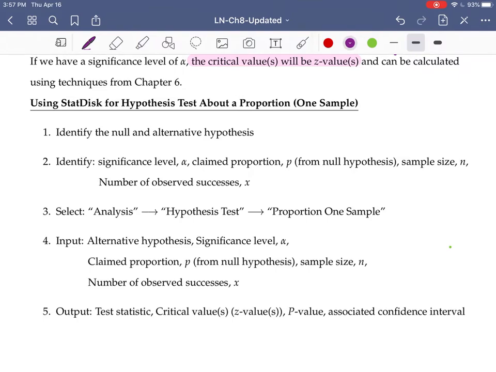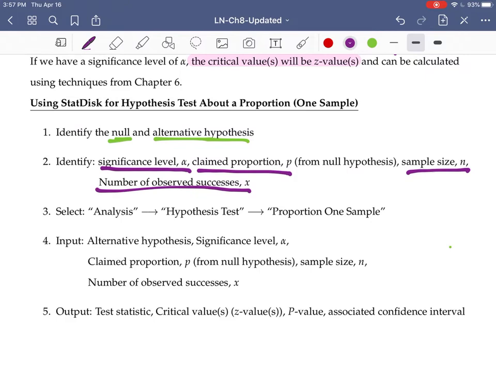First we want to identify both the null and the alternative hypothesis. Those we will see in something where it says test the claim that something is true. Then we need to identify the significance level alpha, the claimed proportion p, which should come from your null hypothesis, the sample size, and the number of observed successes in this sample.